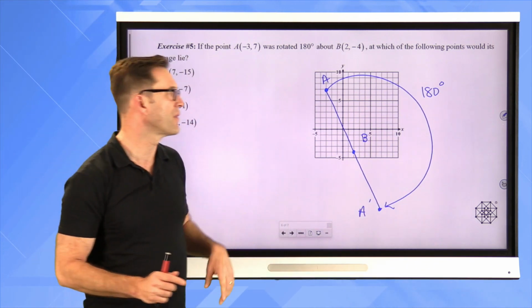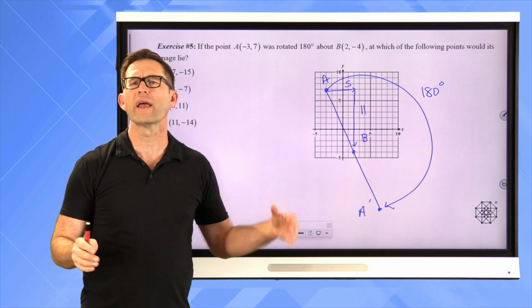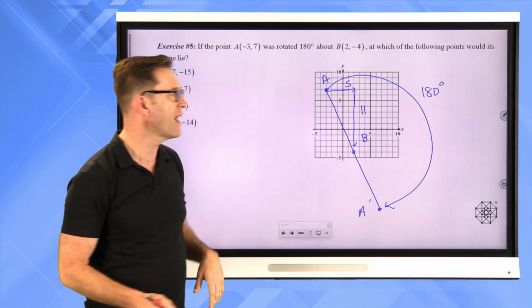So if I just think about this for a second, right? To go from A to B, I would have to go 5 units to the right, and I would have to go, what? That's 2, 7, 11 units down. If I was translating, let's say, A to B, I'd go 5 to the right and 11 down.